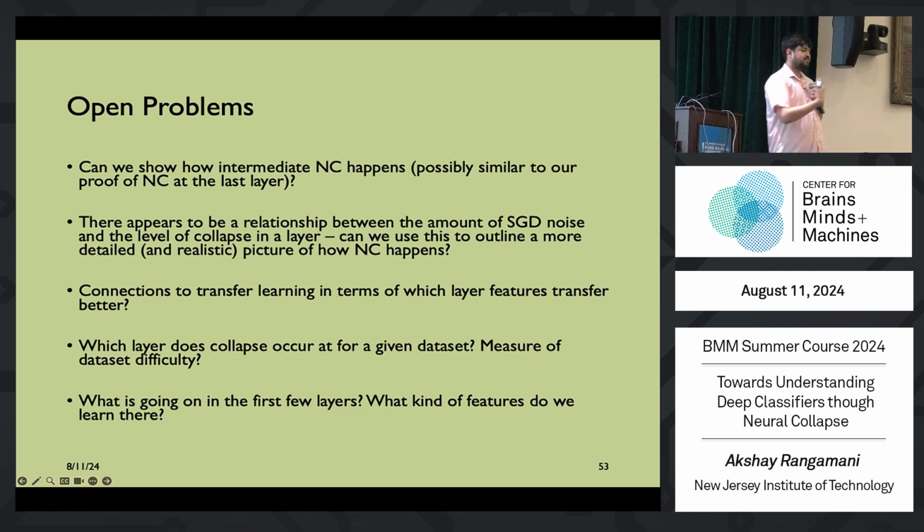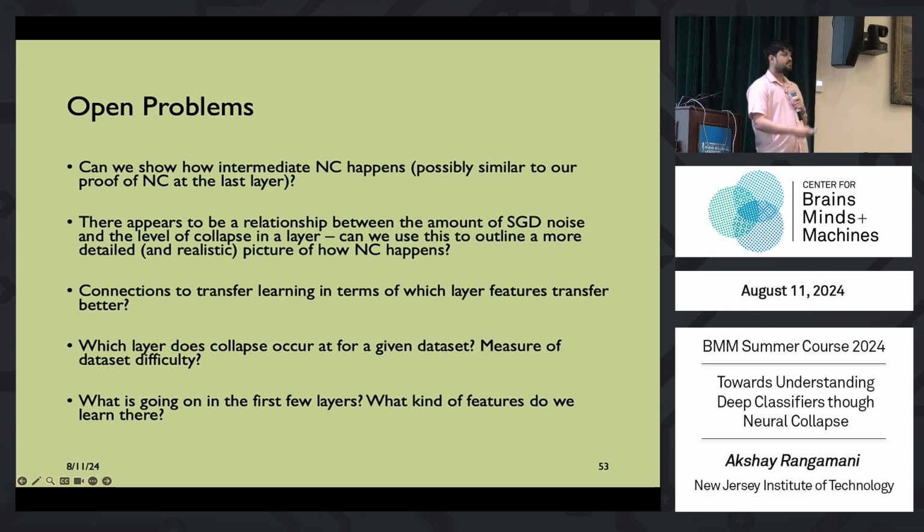With compositional sparsity, I think what at least Tommy and others are trying to ask is, are you building a sparse representation before you solve the classification problem? And neural collapse talks about how you solve the classification problem. And I think you can solve classification problems with random features as well. So I don't think it has a direct implication, but I think it'll be interesting to look at.